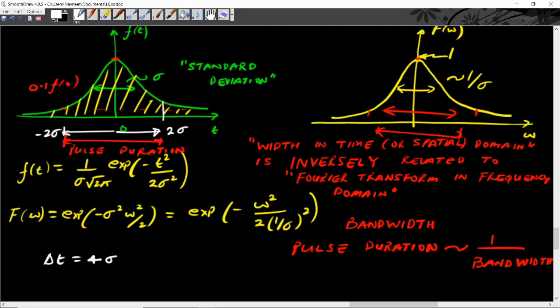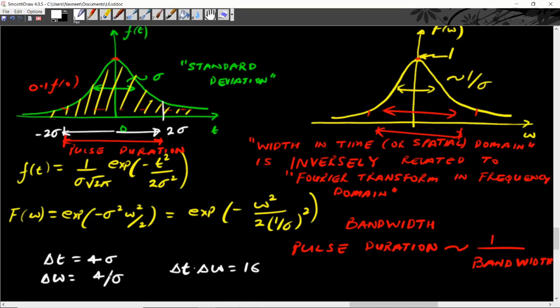And because the Fourier transform of a Gaussian is another Gaussian but with reciprocal standard deviation, therefore delta omega is given by 4 over sigma. That means the product of the pulse duration and the bandwidth is, in this particular case, equal to 16.